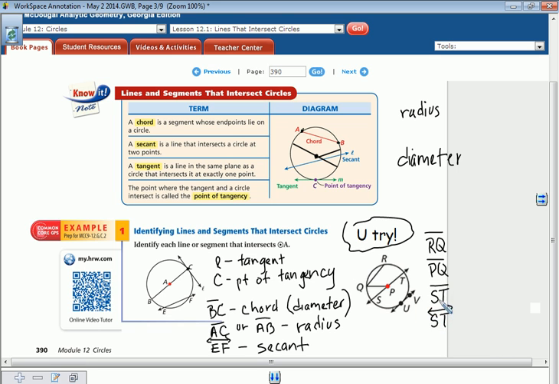So segment ST versus line ST. And then we'll do line UV. And then point U. So take just a moment and identify all those with regards to the circle you're given.